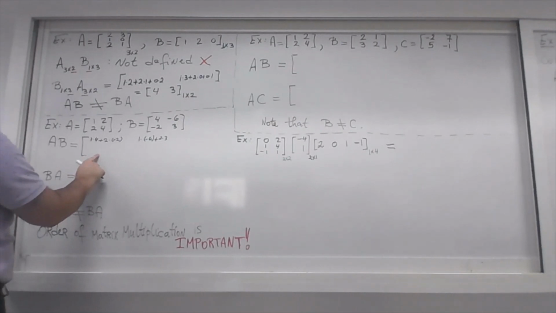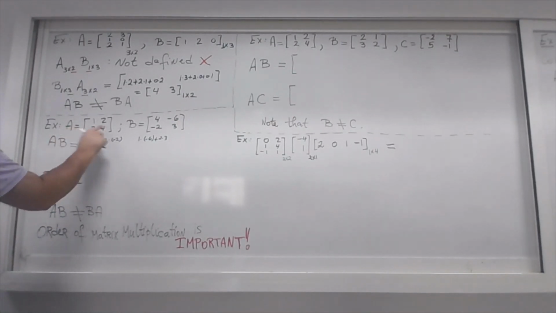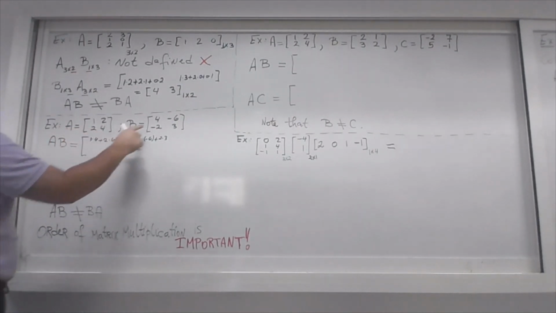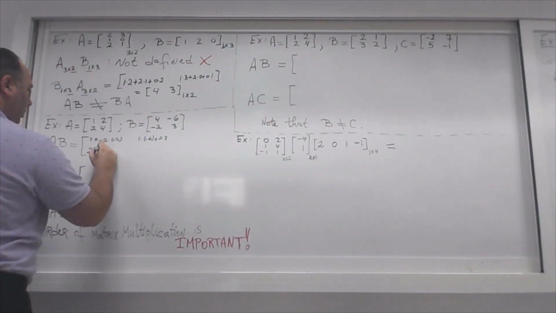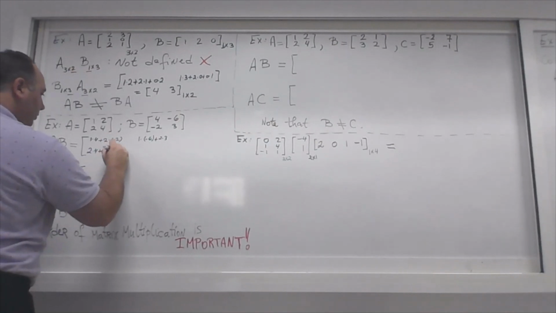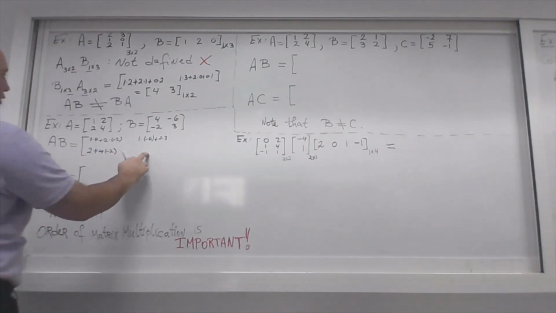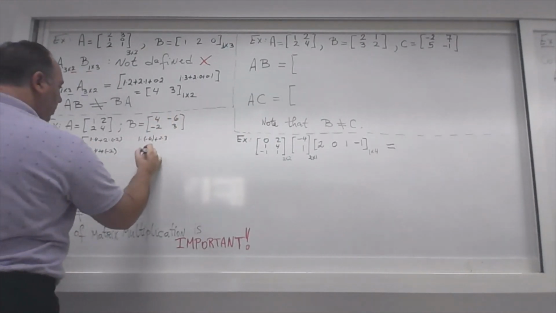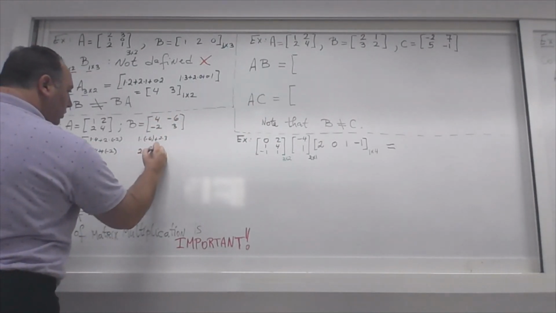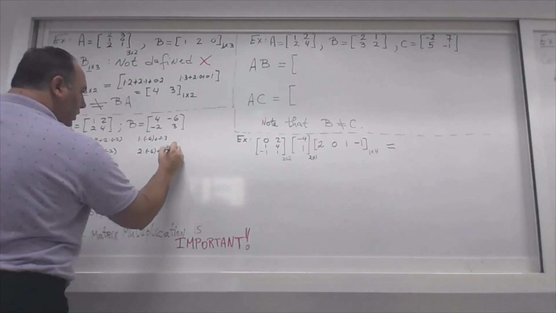Entry 2, 1 is row 2, second row from A dot product first column of B. 2 times 4 plus 4 times minus 2. Entry 2, 2 for row 2 from A dot product with column 2 from B. 2 times minus 6 plus 4 times 3.